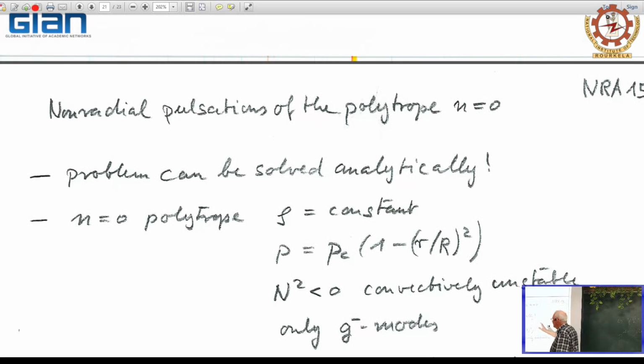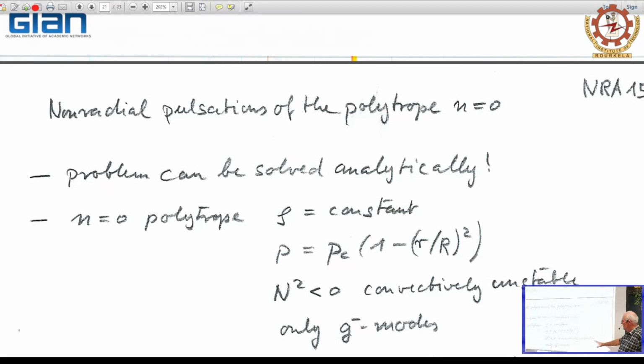Okay, to remind you, the n equals 0 polytrope is a star for which the density is assumed to be constant, and we have explicitly calculated the pressure stratification in that star. The pressure is given by the central pressure times a parabolic profile, so this goes with 1 minus the radial coordinate divided by the total radius of the star, squared.